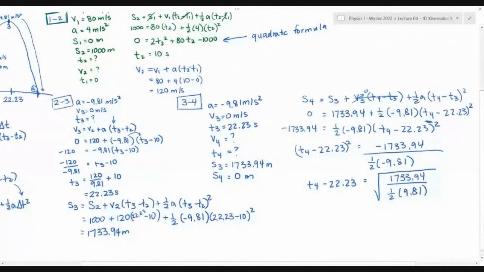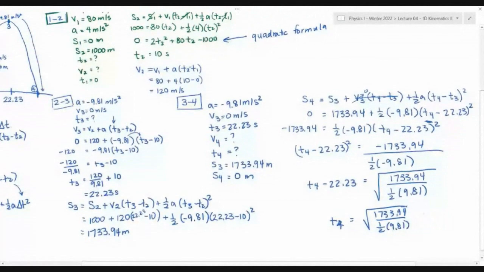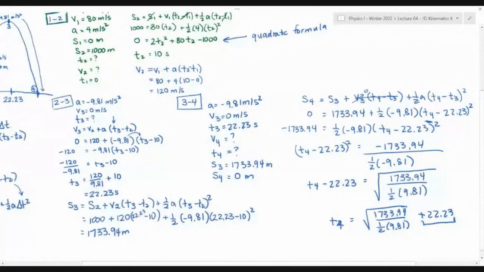And then finally, we just have to bring that 22.23 to the other side. T4 is equal to the square root of 1733.94 over 1/2 times 9.81 plus 22.23. This is that plus adding them. That means you're finding the actual time at that point, not the delta t.